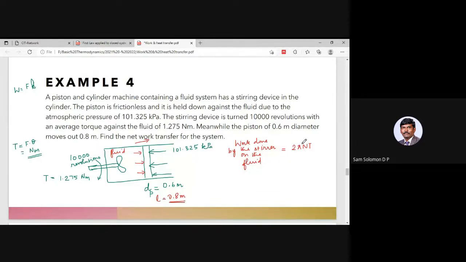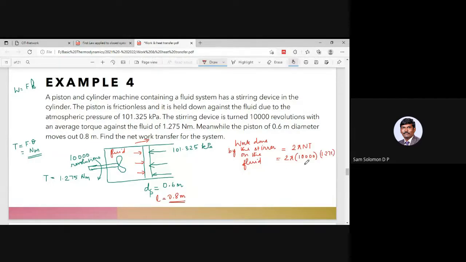This you would have done in your lower classes, which is the formula for power. Okay, so 2 pi n is the number of revolutions, and torque is 1.275 Newton meter. So this will give you the value of the work done. Okay, and in this case it is 80 kilojoules.